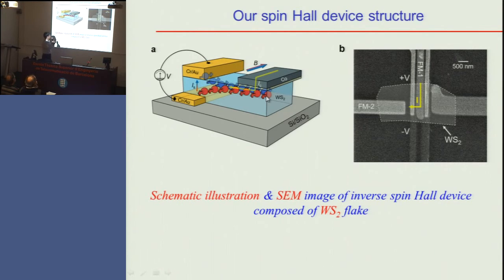As I told you, when spins are aligned to one side, because of the spin-orbit interactions of WS2, without any external magnetic field. The magnetic field here, B, is not for making a Hall effect. This magnetic field is only applied and then set to zero.